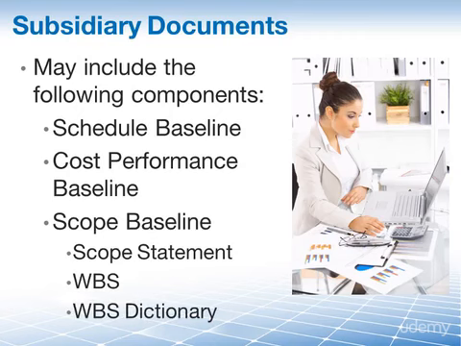So all of these plans from the previous slide, as well as these documents here, they make up your project management plan, as these are the subsidiary plans, the subsidiary documents that we consistently refer back to.